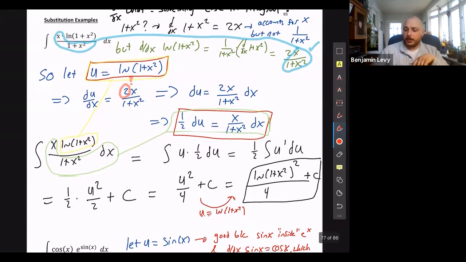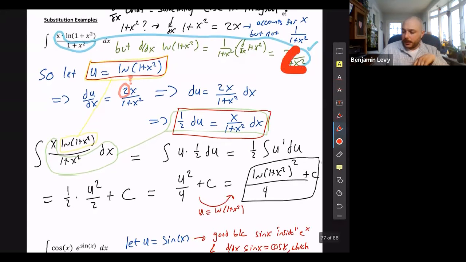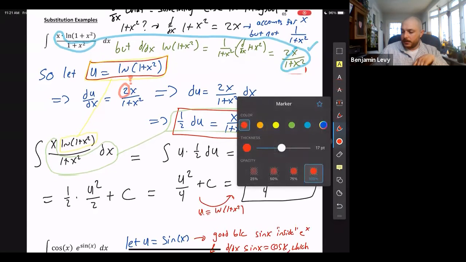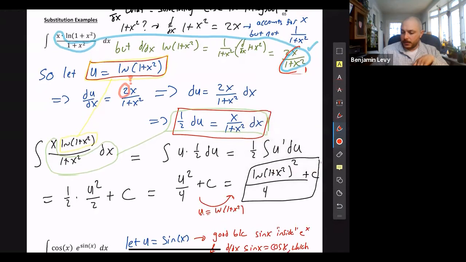I'm trying to show, hey, when we took the derivative of this thing, look, that's also in the problem. You see what I'm circling right now in red? x over 1 plus x squared is also in the problem after we take the derivative. That's why we want to make u the ln.